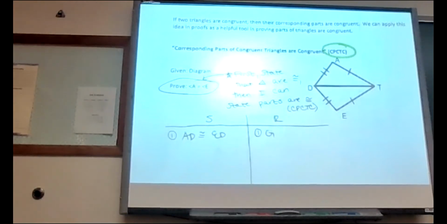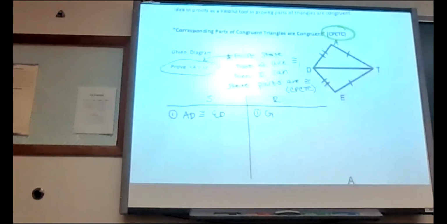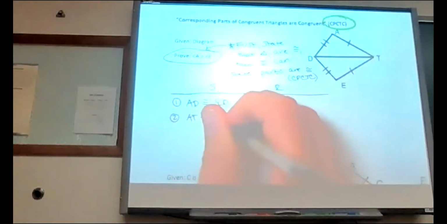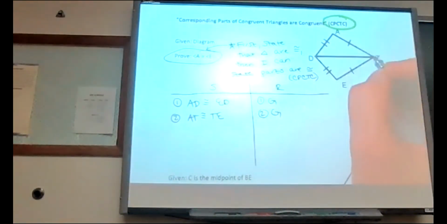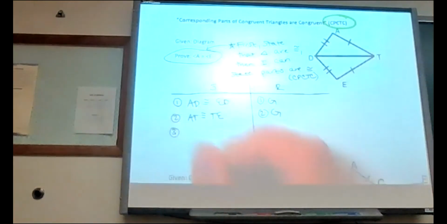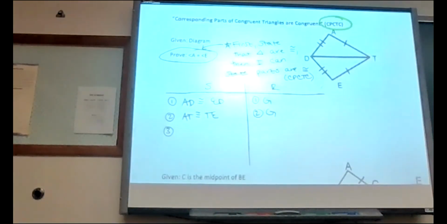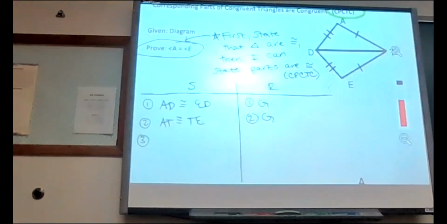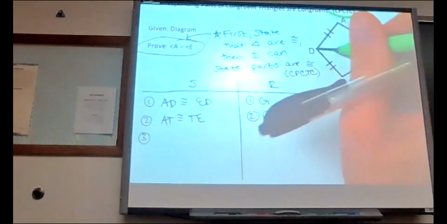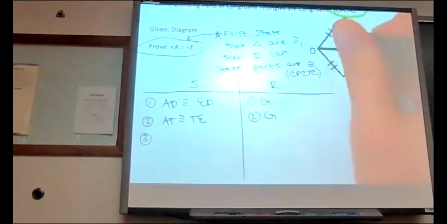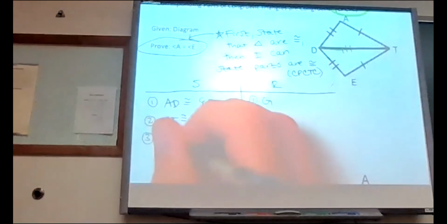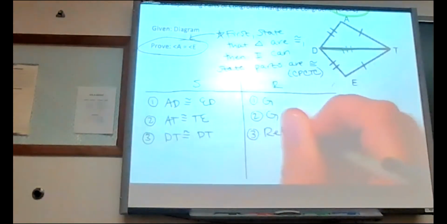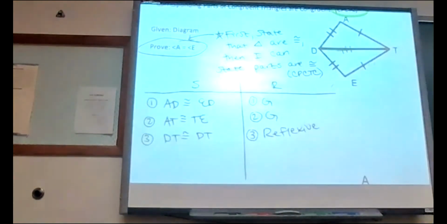AT is congruent to TE, given that this side is the same as this side. That's all we're directly given in our diagram, but what do we look for? We have reflexive. In the middle here, I can say that DT is congruent to itself. Reflexive. See how this doesn't feel any different than the proofs we did yesterday?